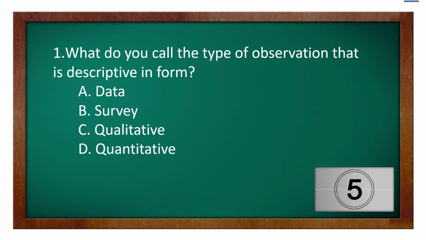Now, let's test your mastery. Read the questions flashed on the screen and write the letter of the best answer on your paper. What do you call the type of observation that is descriptive in form? A. Data, B. Survey, C. Qualitative, and D. Quantitative.